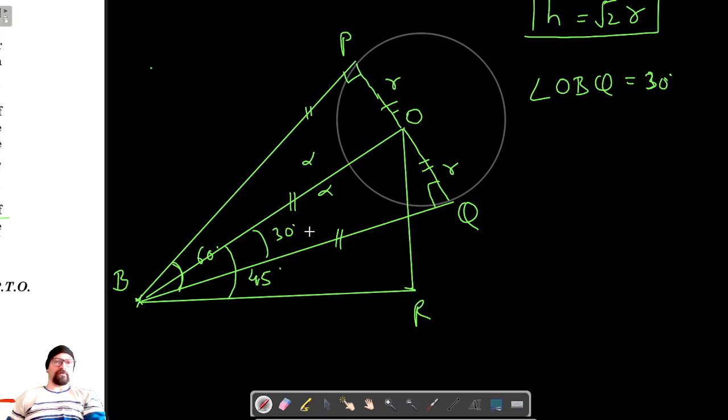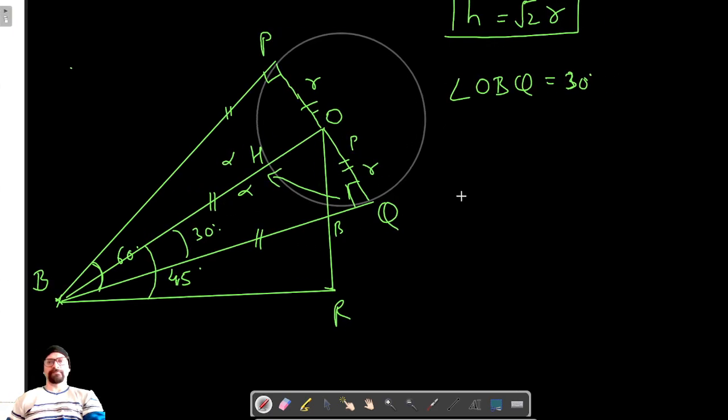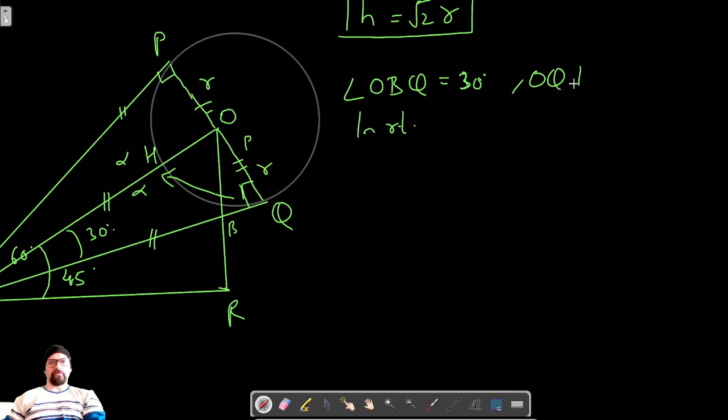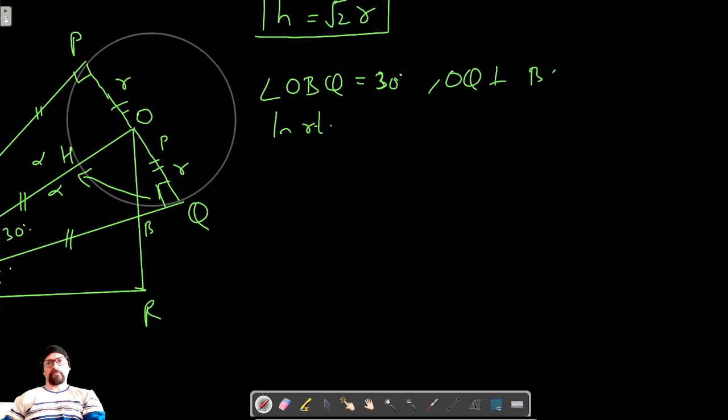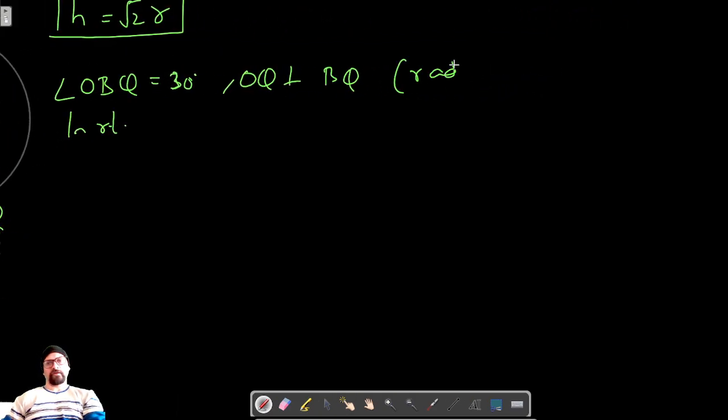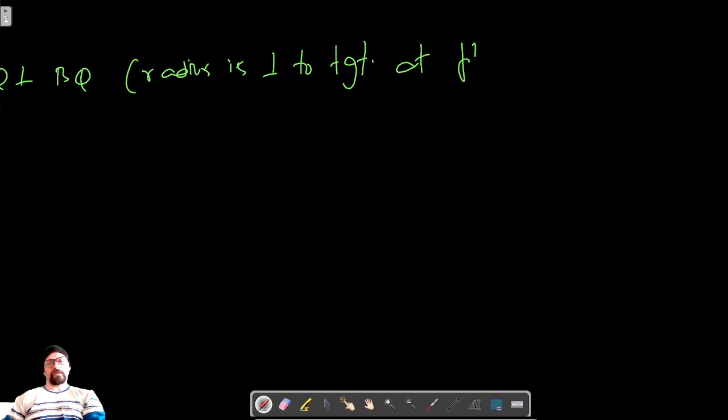If you want, you can prove the triangles congruent and then take half of this angle, because the complete angle is 60 degrees. Now this angle is 90 degrees, so this is the hypotenuse, and for this angle, this is the perpendicular and this is the base. You can also write that OQ is perpendicular to BQ. Why? Because the radius is perpendicular to the tangent at the point of contact.